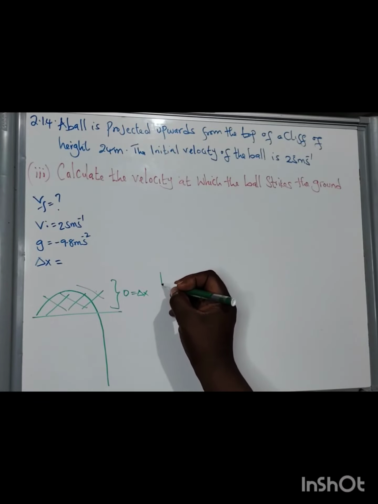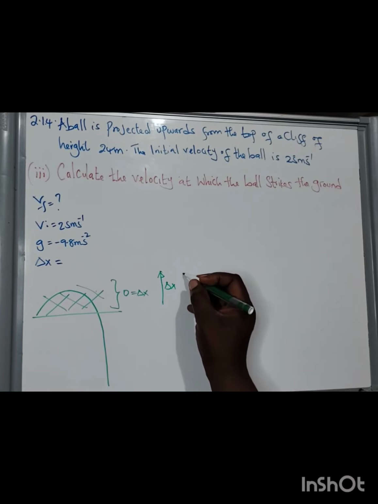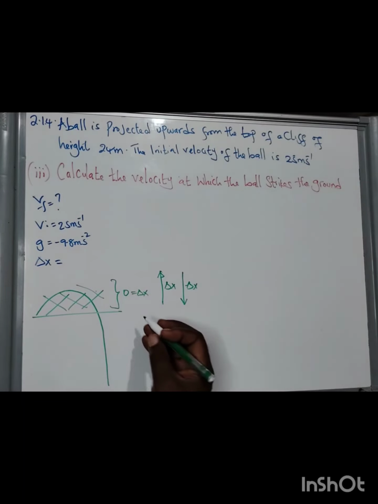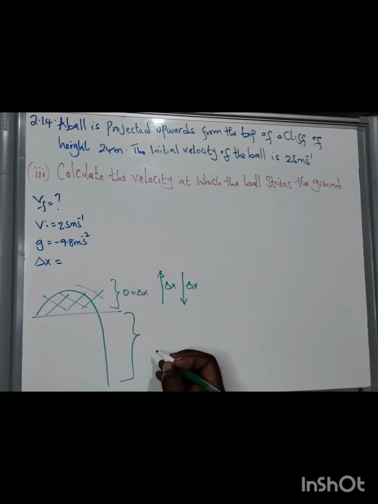Because the ball went up, displacement x, and came back, which is displacement negative x. So when you sum them up, you'll have 0. Which means that the only displacement this body covers is this one, and that's the height of the cliff, which is 24 meters.